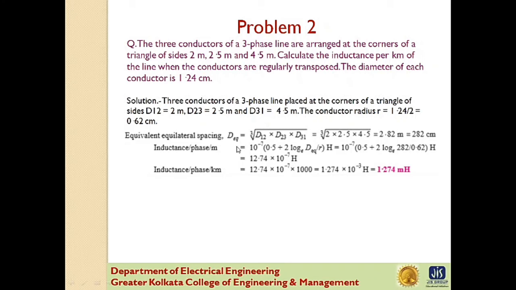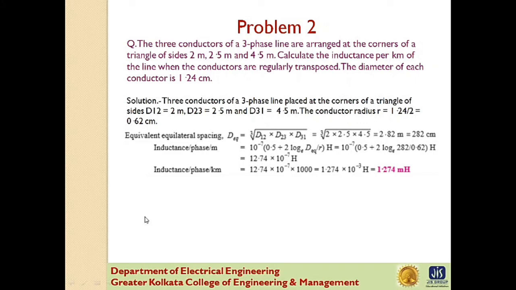Now the inductance per phase is given by the formula 10 to the power minus 7 into (1/2 plus 2 log e D equivalent by R). What is the value of R? R is equal to 1.24 by 2, that is 0.62. Now put the values of D equivalent and radius, and we get the inductance per phase per meter as 12.74 into 10 to the power minus 7 Henry.